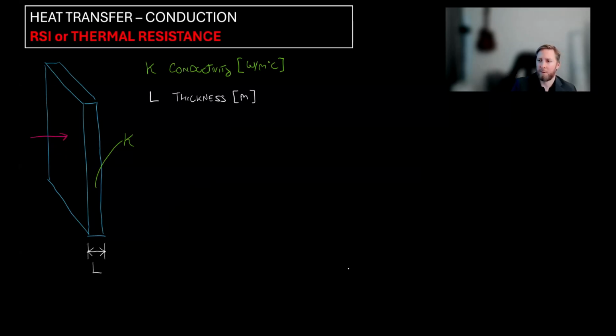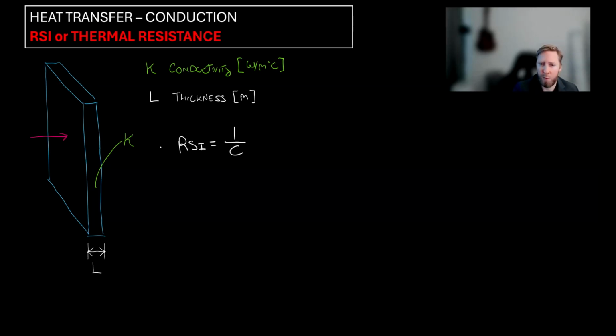Now, thermal resistance. Thermal resistance is actually just the inverse of conductance. So it's just another way of expressing the conductance. If we have the conductance, we can determine the RSI, the thermal resistance, simply by taking the inverse of that.